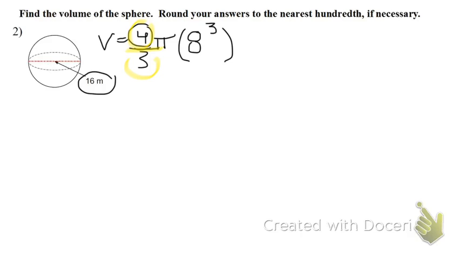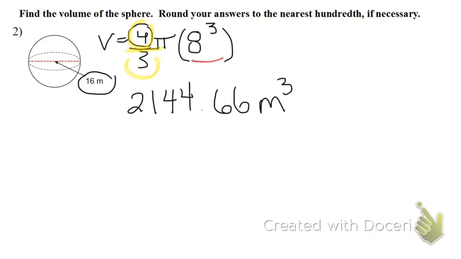And now my final answer, all in one step, is 2,144 point, it was 660, so I'm going to round to the nearest hundredth, so it's 0.66. Cubic meters. So once again, let me go through that again. I took the 8 and I multiplied 8 times 8 times 8 times 4, divide by 3, and times 3.14.